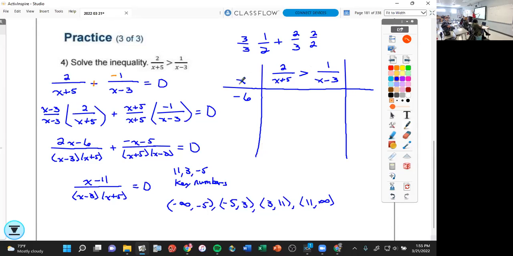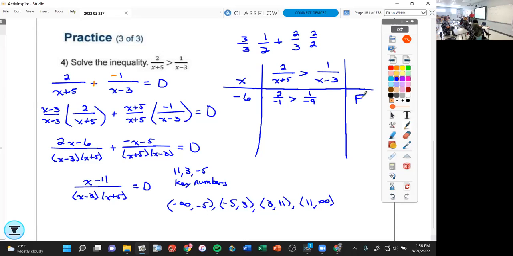So let's see what we get there. That'd be 2 over -1 is greater than 1 over -9. -2 is greater than -1/9. True or false? False.